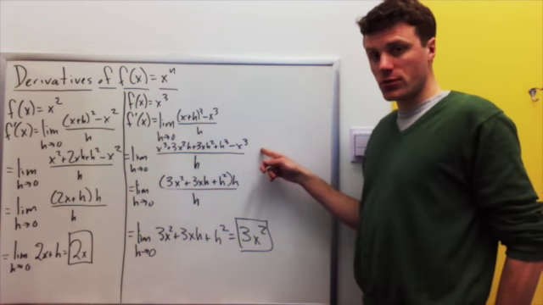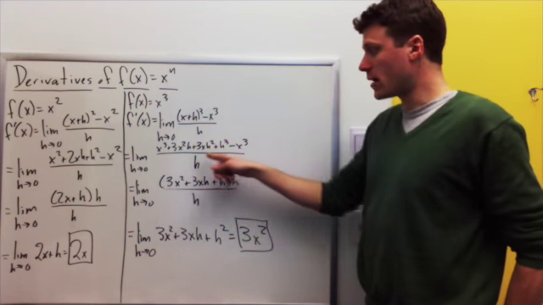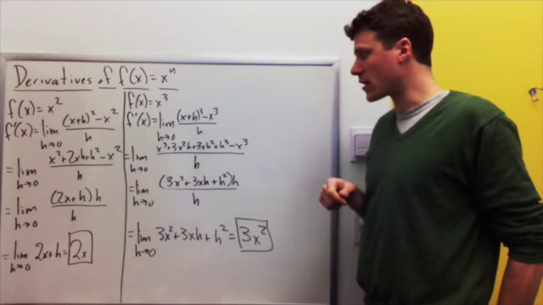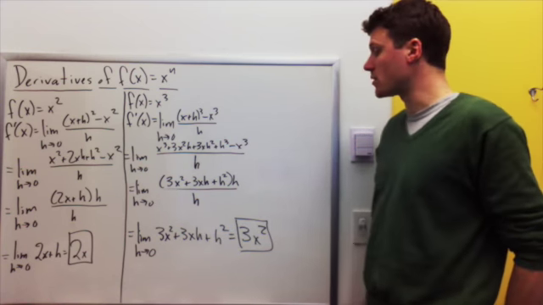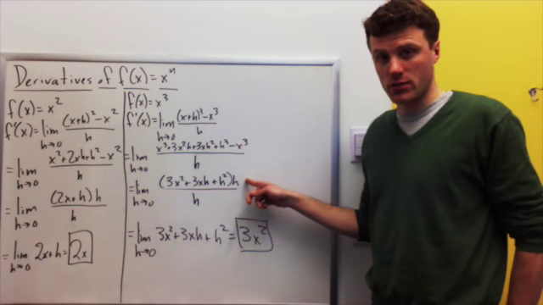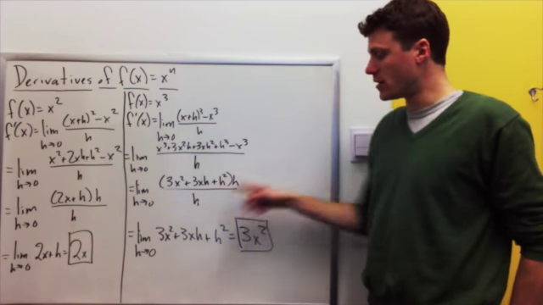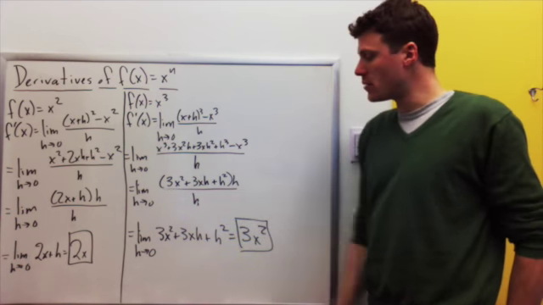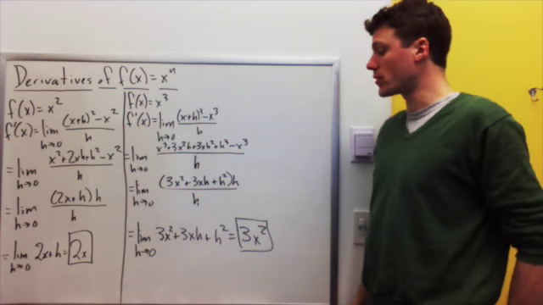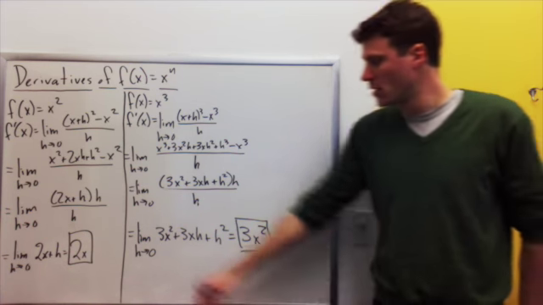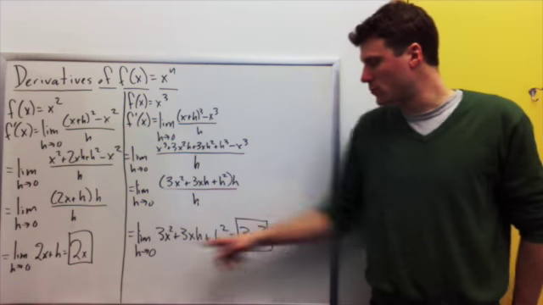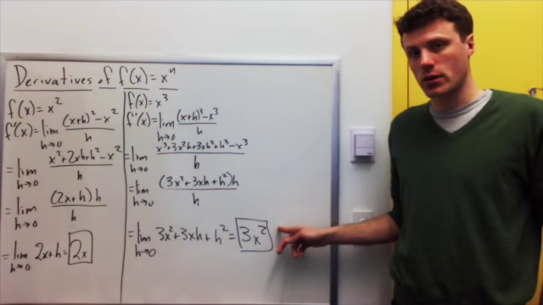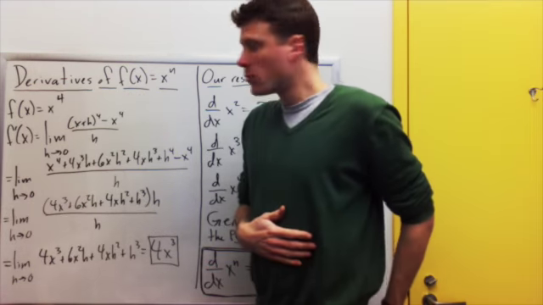My x cubes cancel out, and the rest of the terms have a factor of h that I can pull out, leaving me with 3x squared plus 3xh plus h squared, quantity, times h, all over h. The h's cancel, leaving me with just 3x squared plus 3xh plus h squared. When I plug in 0 for h, these two terms go away, and I'm just left with the first term, 3x squared.